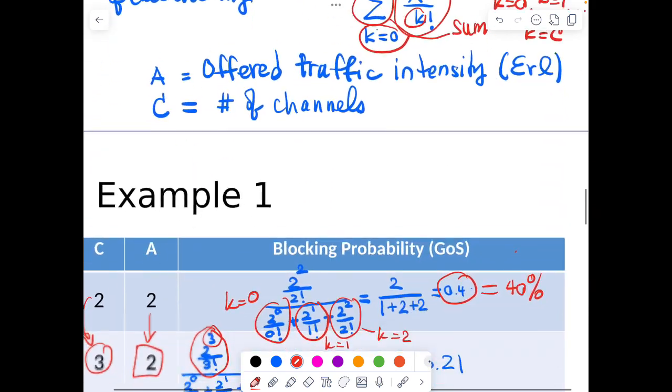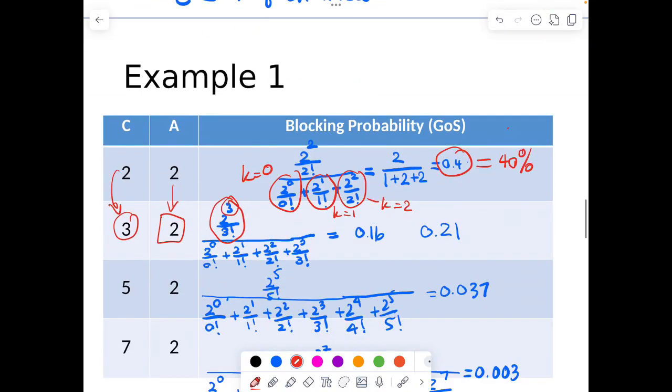Since c is bigger, the number of terms will be bigger. So k equals 0, 1, 2, and then 3, there are 4 terms. If you compute this, you get 0.116.